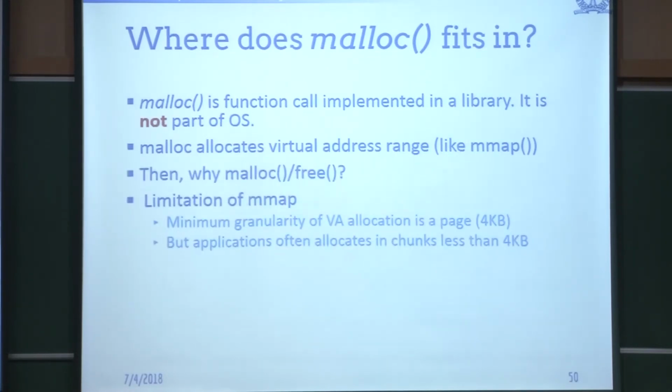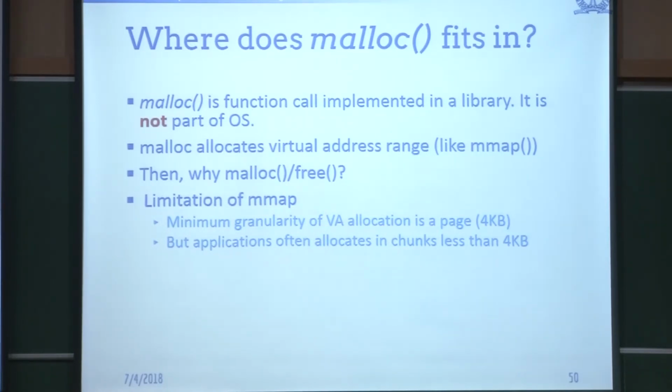So we talked about the limitation of mmap: it's a 4 kilobyte region. That's the reason you want to maintain the small allocations and small freed-up regions in a free list, maintained inside a library outside of the operating system, only for small chunks.